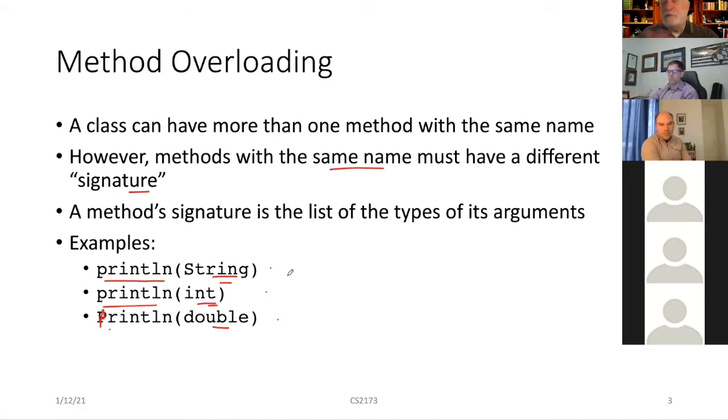Let's say you're the virtual machine and you're running, and the PrintStream class has 2 println methods written, each with an argument string, and you encounter a println of a string. Now, which code should you execute? There are 2 methods to go to. There's no way to decide. So Java says, no, you can't do that. If I println a string, it goes to that method and that method only.